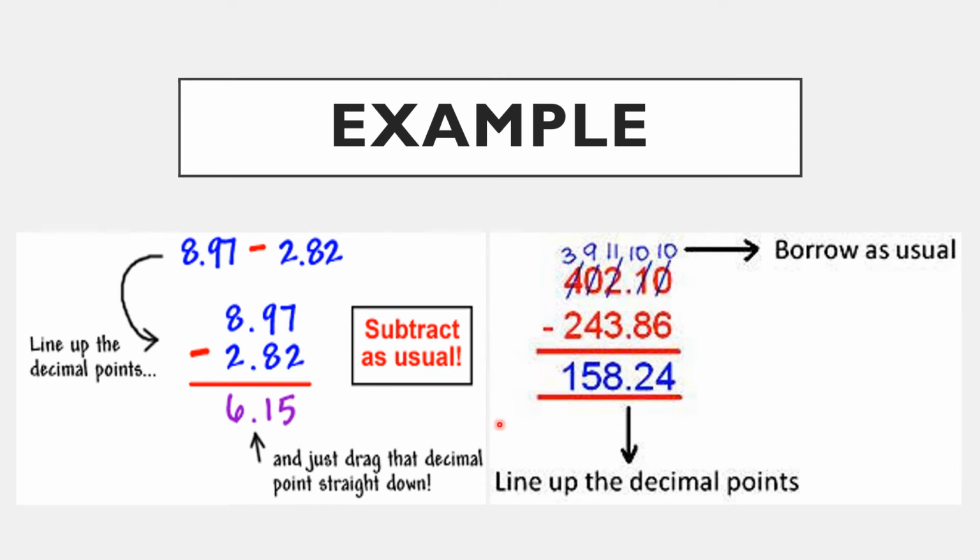Few more examples. Let us see. This is 8.97 minus 2.82. Now you just place the decimal just below the decimal and place the numbers according to the place values. See, this is the ones place, this is the decimal point, this is the tenths place, and this is the hundredths place.